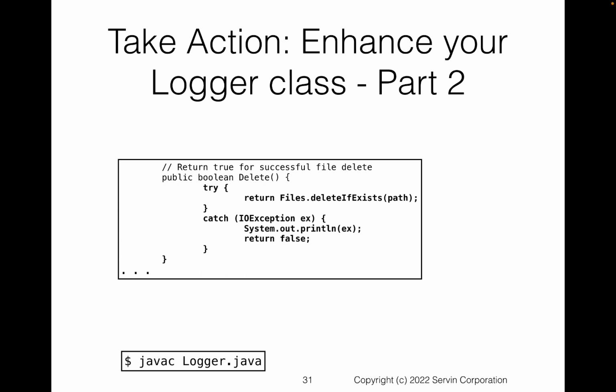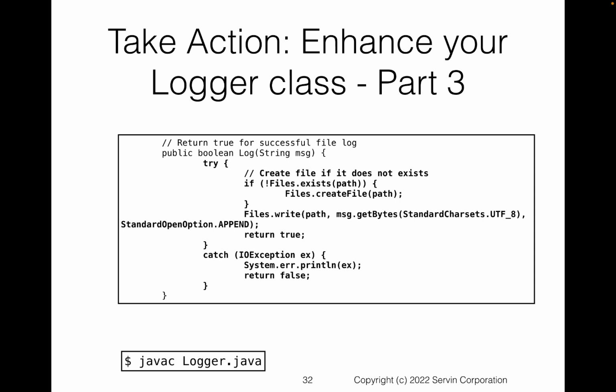Also, we do a return Files, and notice that's Files with an S, deleteIfExists. So the idea is if you call this, you're going to delete it if the file exists. If it doesn't exist, then you're not going to delete it. And that's going to be a Boolean. It's going to return true if it's deleted, or else false if it was not there to be deleted. Do a javac Logger.java to make sure you've got this code correct.